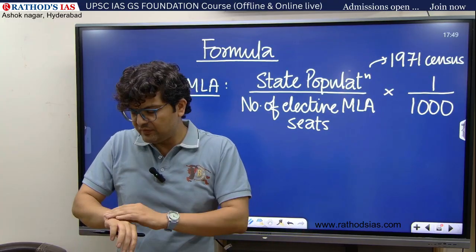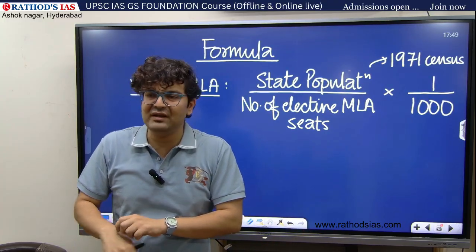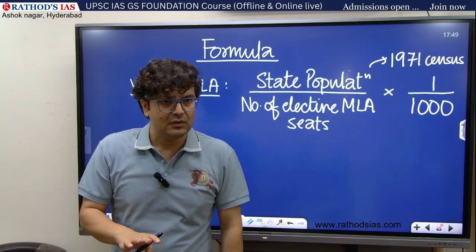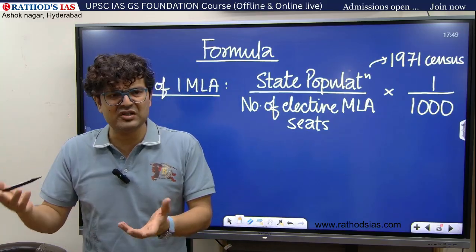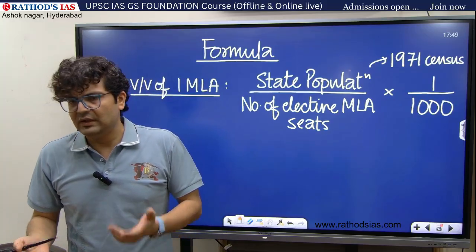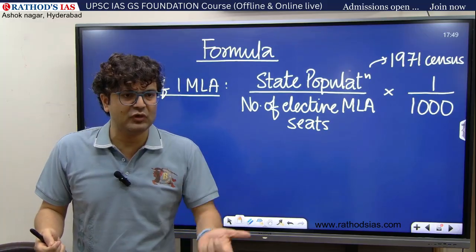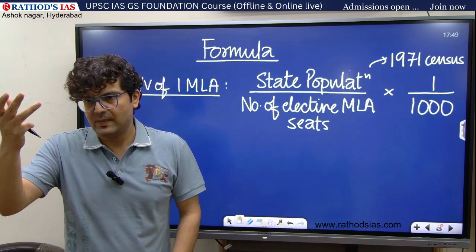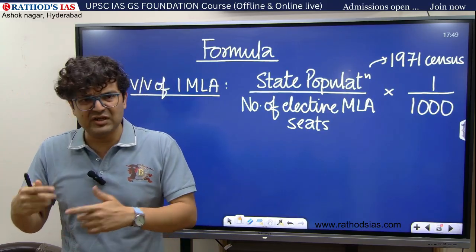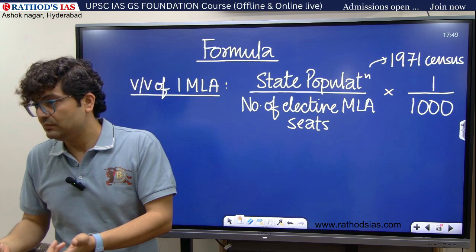So southern states' vote value of MLA will keep on coming down, yes or no? But northern states will keep on increasing, which is going to be a very strange punishment for the southern states. Like, you are telling your people not to have more kids, and now your vote value is decreasing in that election. So is it not acting like a punishment for something good actually?